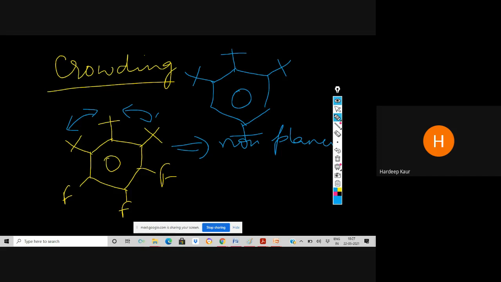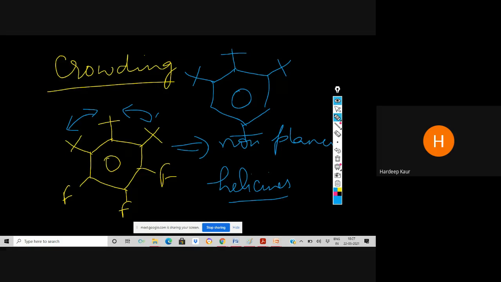Earlier we also did an example when we studied helicenes. So helicenes are also examples. Due to steric bulk and repulsions, helicenes go out of plane and adopt the helical conformation. Okay, so this is all about steric strain due to unavoidable crowding.